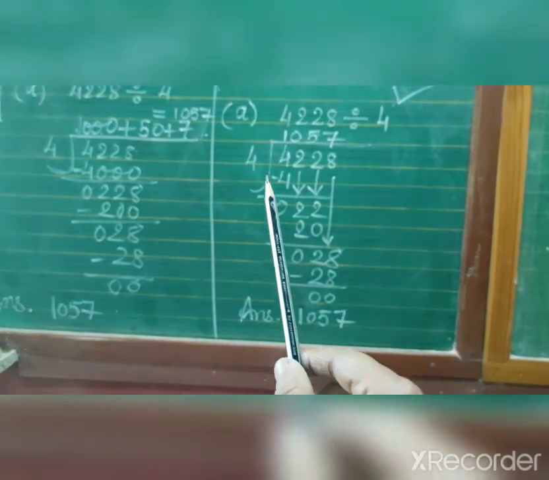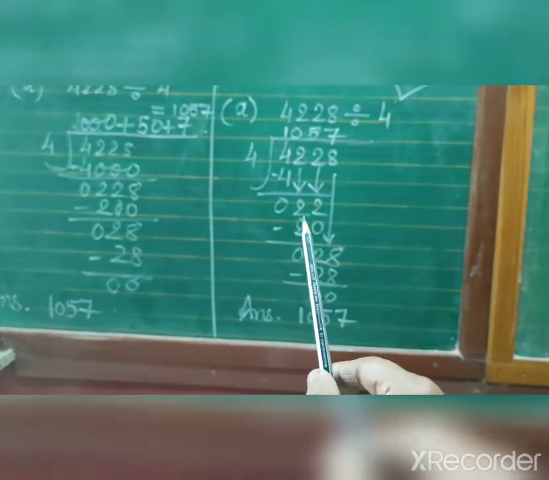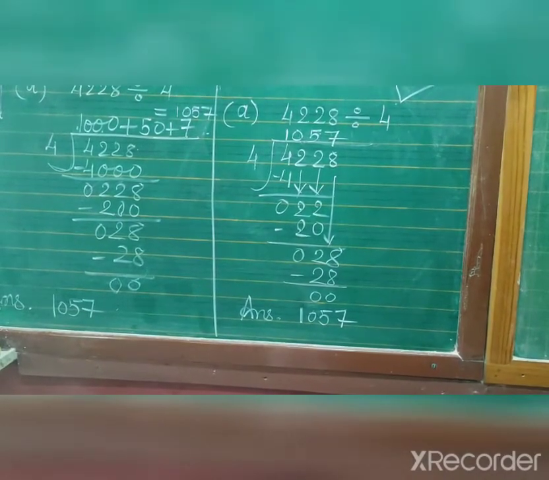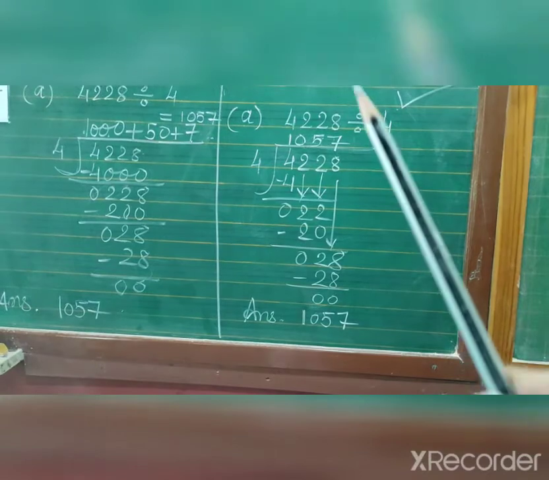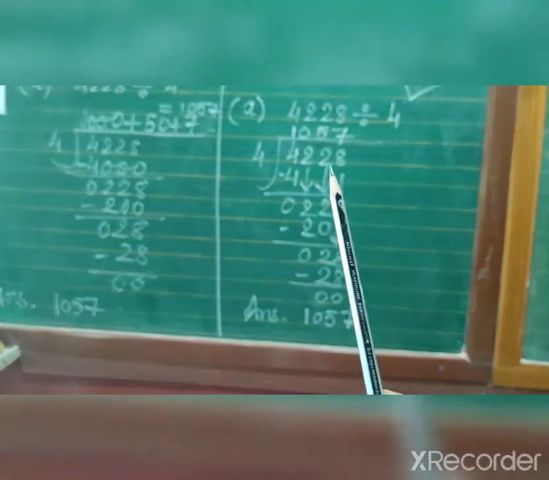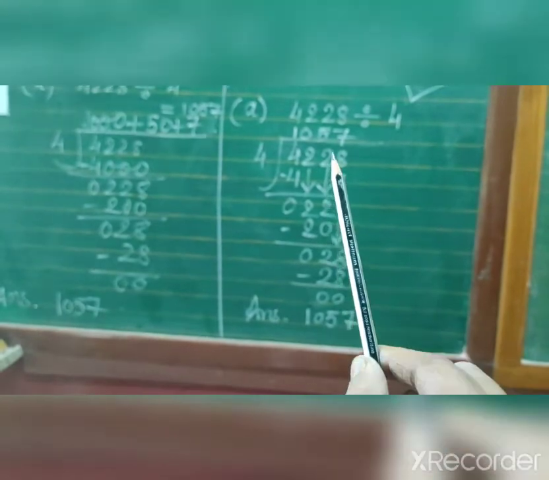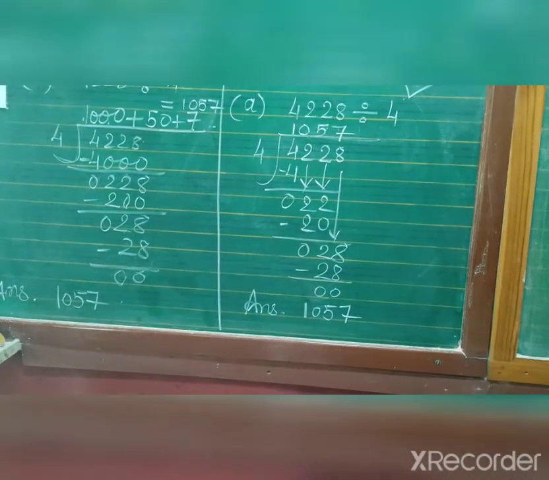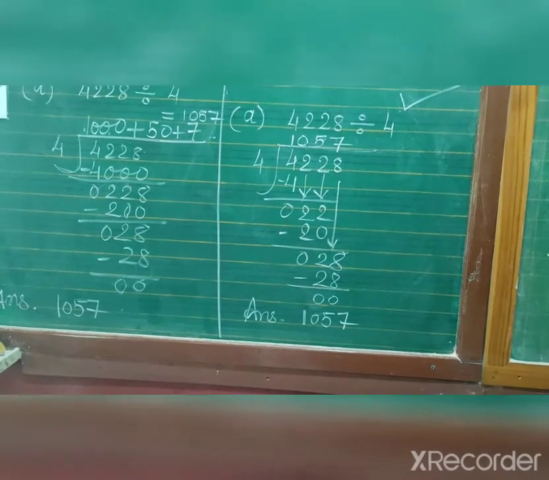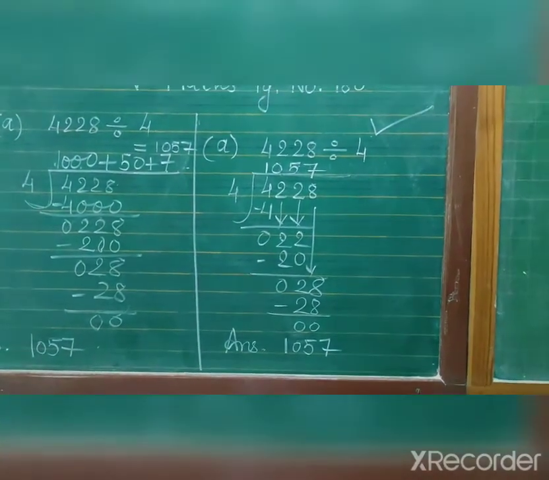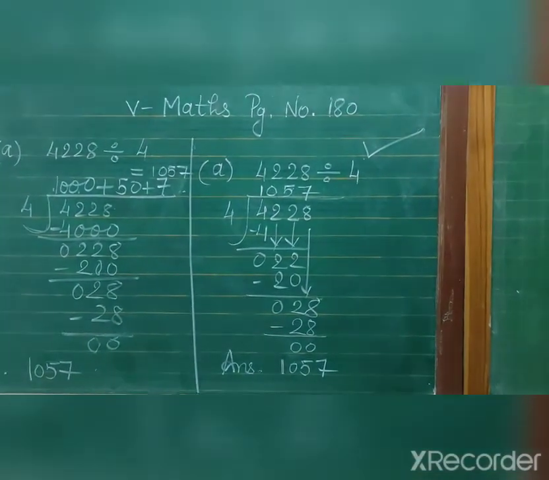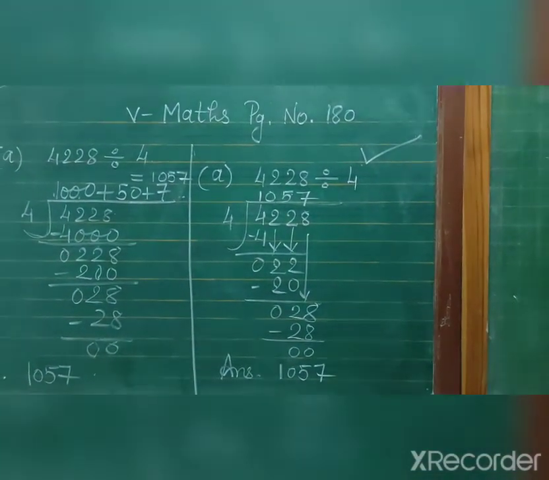Compare this number to that number. This is smaller. So division is not possible, so we will put 0 here. Then the next number again you will bring down, so you will get 22. Now 4 ones are 4, 4 twos are 8, 4 threes are 12, 4 fours are 16, 4 fives are 20, 4 sixes are 24. 24 is greater than 22, so 4 fives are 20.